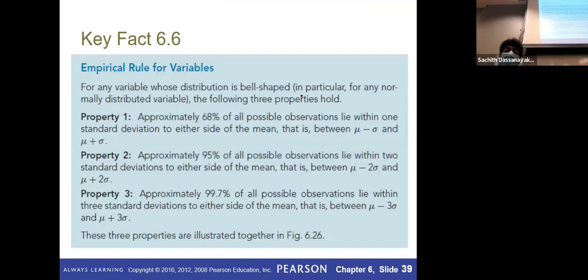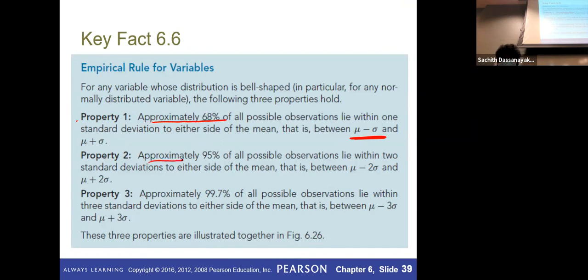The next one is the empirical rule. You already know that. Property one: approximately 68% you can cover within this standard deviation. We call it 1 sigma, because here it is just 1 times sigma.